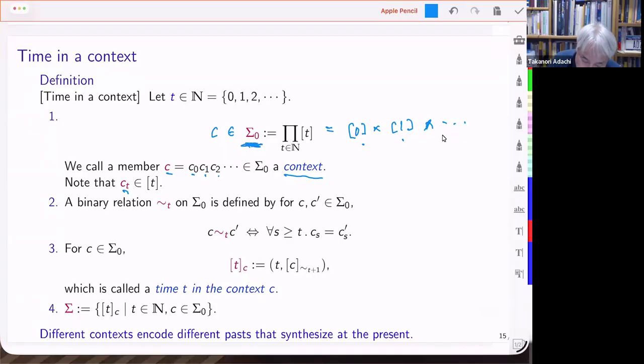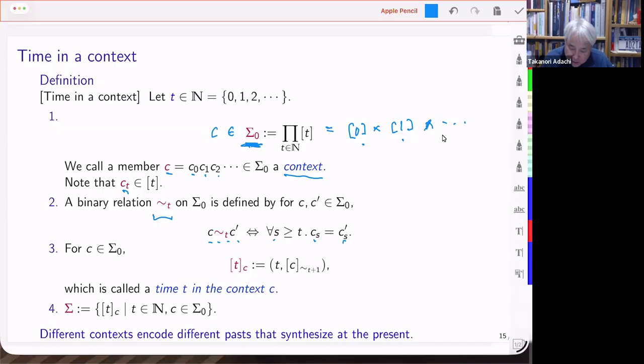Upon this set sigma 0, we introduce binary relations, sim-t. Two contexts C and C dash are in the relation sim-t if and only if, from t and beyond, those two contexts coincide.